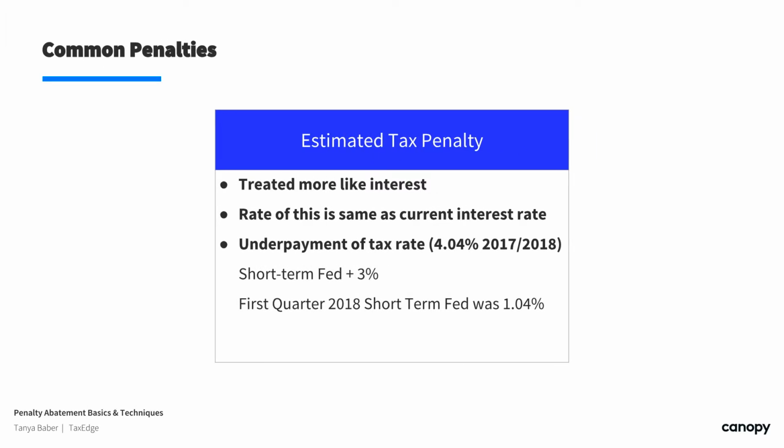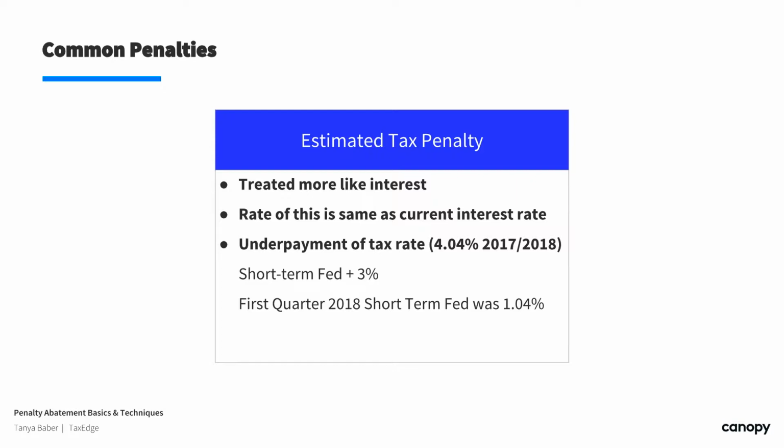If we look at an estimated tax penalty, I told you they are a little bit different in how they behave, and that's because they resemble and behave a lot more like interest. In fact, the rate of the estimated tax penalty is the same as the current going interest rate. Right now, we're looking at about a 4% rate. They don't deal in cents or fractions of a percentage. It's just a plain old 4% rate.